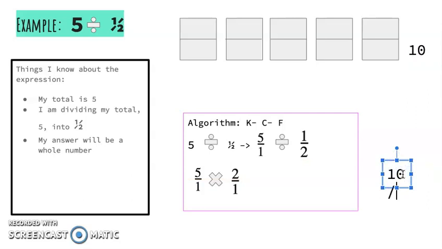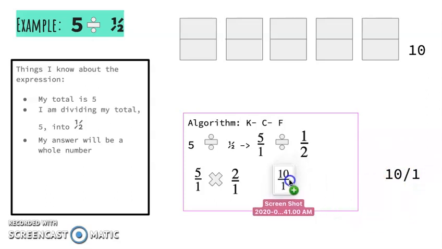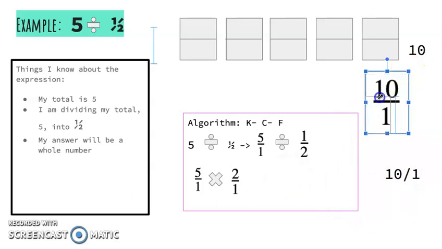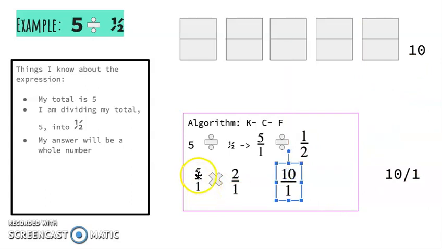And 1 times 1 is 1. And now we know that any number over 1 is a whole number. So the whole number in this case is 10. So my answer was 10 over 1 when I multiplied across.